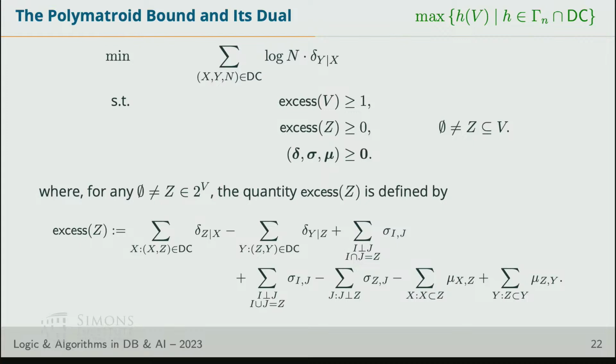Because in the fractional edge cover bound, you just have fractional edge cover constraints. But here, there's one constraint for every subset of variables, and I will not bother you with going through the details. And it measures a certain excess of flows going to that subset of variables.